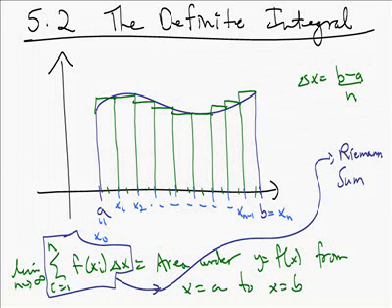So what we're going to do then is define the definite integral to be this right here. So we will say, this is definition 2 on page 354, that if f is a continuous function defined on x goes from a to b, and we divide it into subintervals, we will define the definite integral of f of x from a to b, which is how we read that.